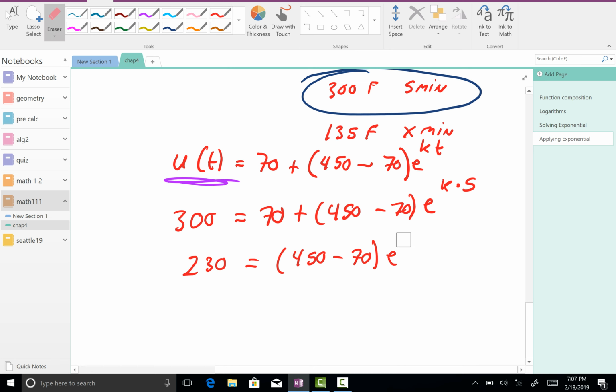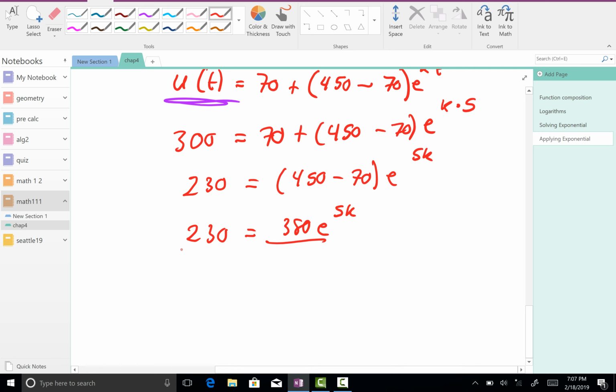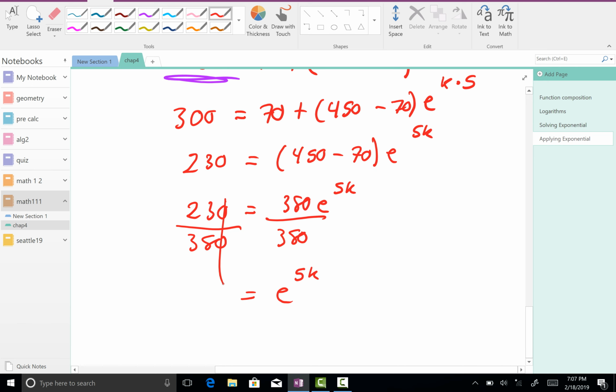We divide by 450 minus 70. 23 divided by 38 is 0.605. Okay. Now what? Take the natural log.